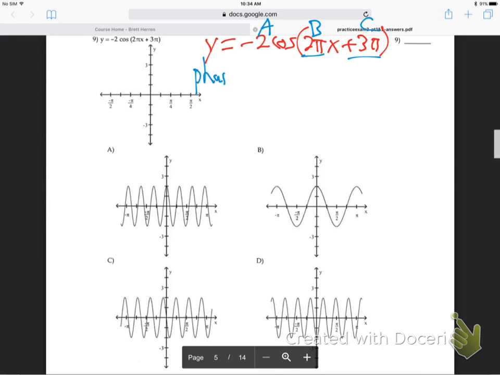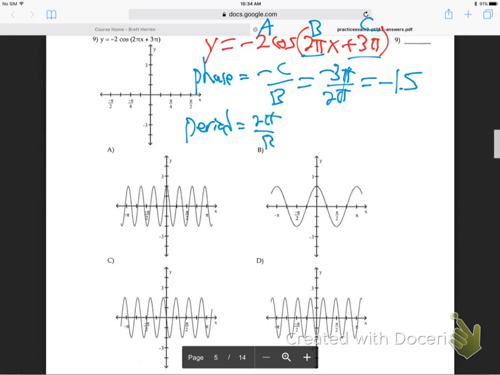So the phase shift is negative C over B, negative 3 pi over 2 pi, which the pi's cancel, is negative 1.5. Just divide them on your calculator. 3 divided by 2. You have your calculator on this part of the test.